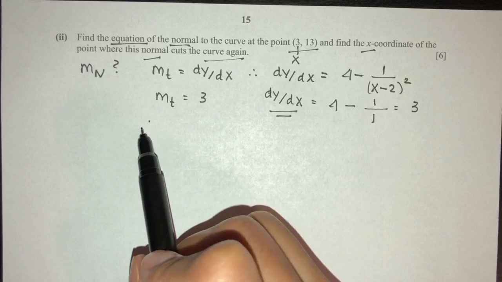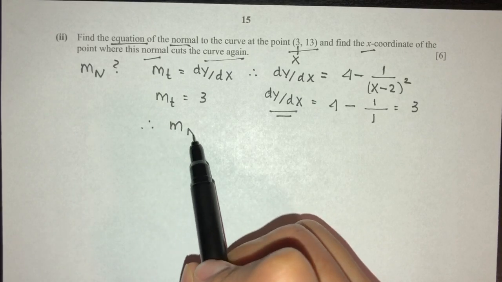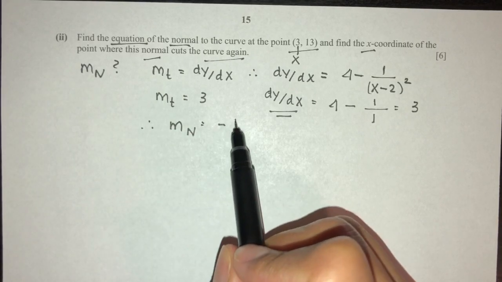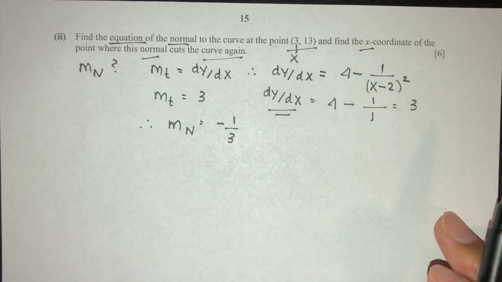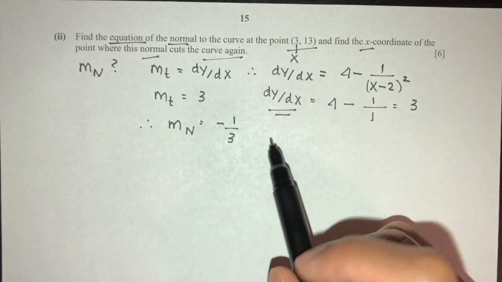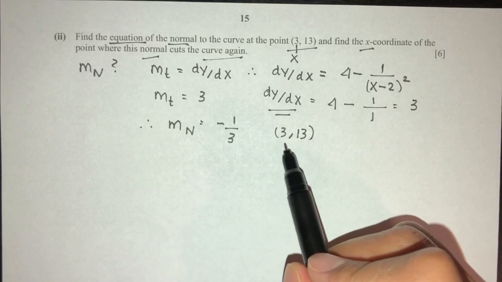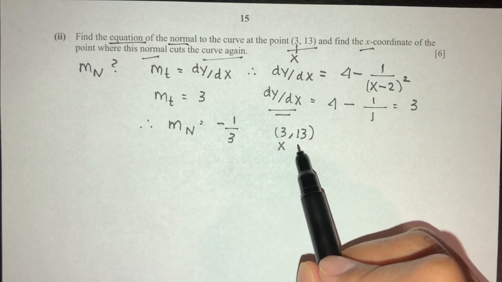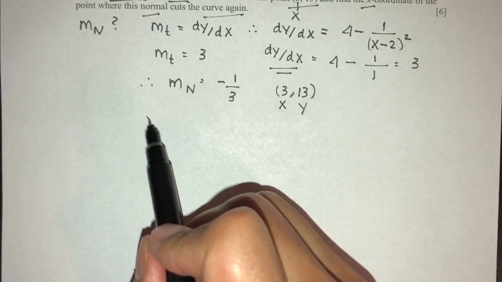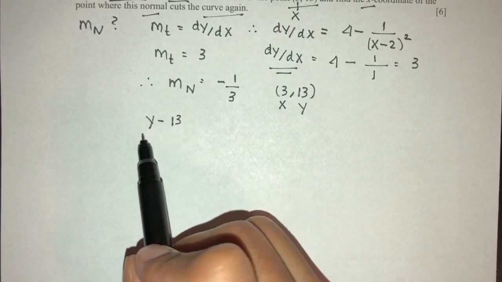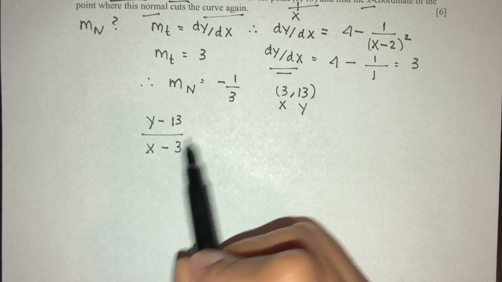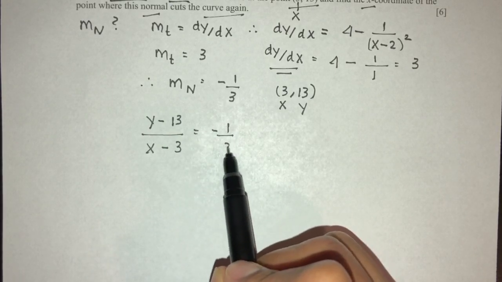So from this, you will know that the gradient of n, which is the normal, has to be minus 1 over 3. Now using this gradient and this point, we can find the equation of the normal. This is x and y. So y minus 13 over x minus 3 is equal to minus 1 over 3.